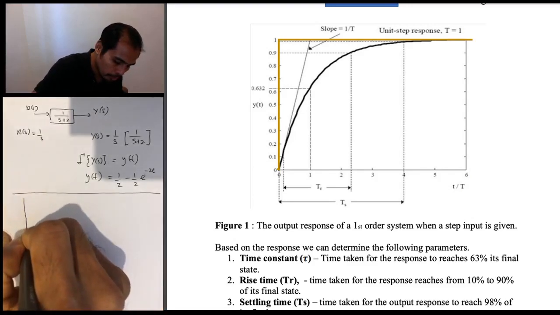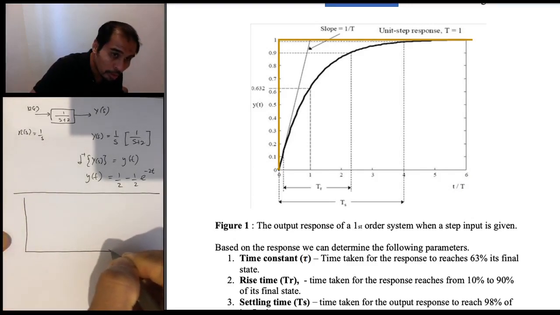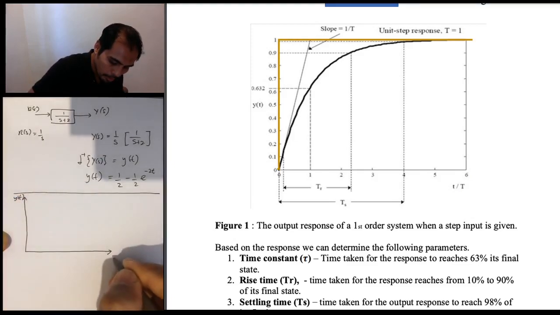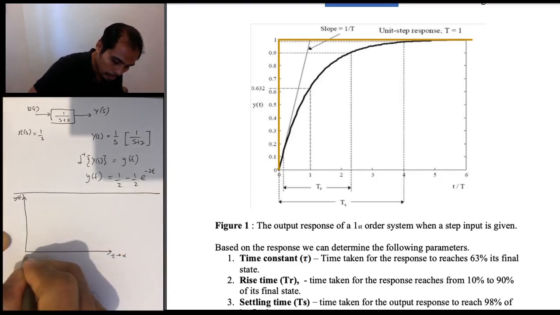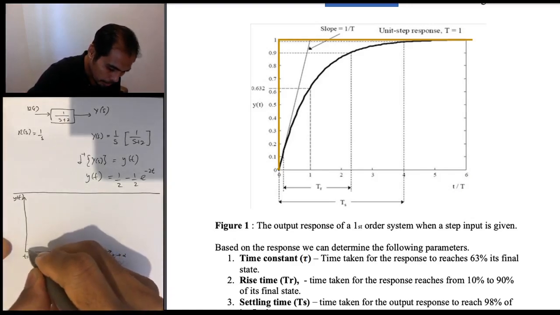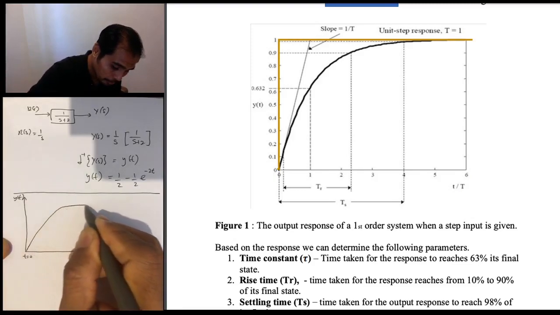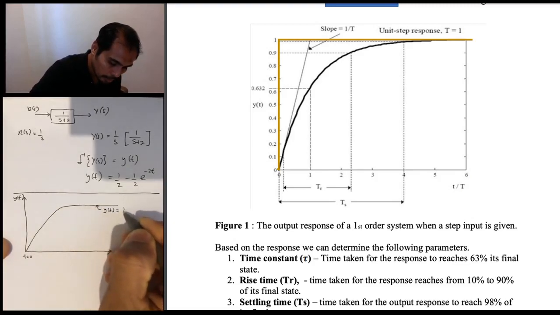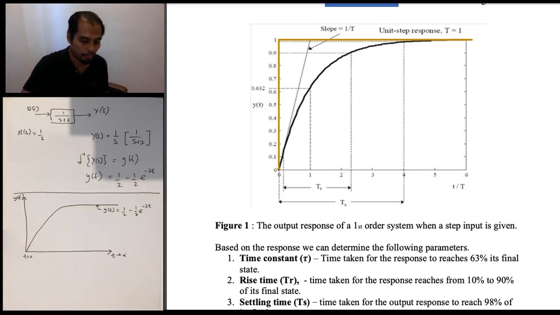So if we draw this response, y of t, this is our response: y of t equals half minus half e to the minus 2t, right?